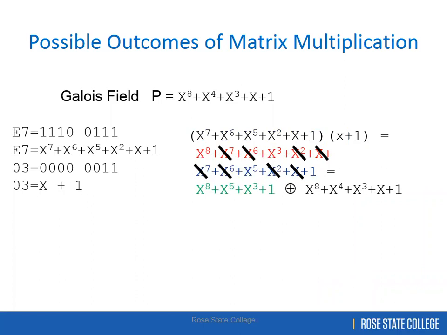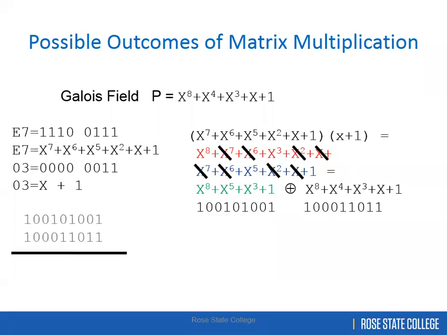Since that number's too big, remember we can't handle anything over x to the 7th, you have to XOR it with the Galois field that never changes. And what that does, now we have 2 x to the 8th, so they cancel each other out basically. And we end up with that number there, which in this case is 32.